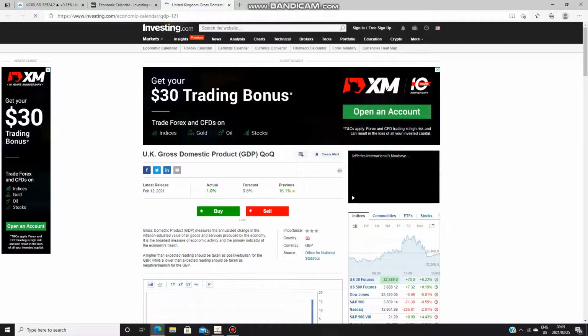So as a fundamental trader, you need to take note of the following. If you want to predict the price movement, or what the actual report of the event or the outcome would be, we study the actual and the forecast.